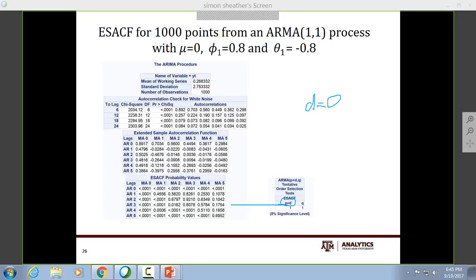So what you have to do is this tells you here we have done no differencing. The data is the data, so we know D equals 0. So this is telling us that P equals 1. If we had done a difference, D equals 1, this is telling us that P equals 0. I'm not going to do differences.